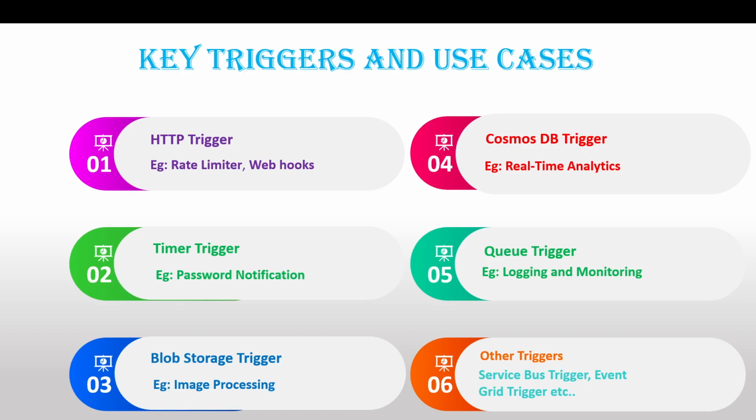In that case, what you can do is create an Azure function which will have that rate limiter functionality. So whenever the request reaches the API, it will make a function request and get the required data from the rate limiter, and then based on the data it will either process the request or send the relevant message to the user. In that case, you can use HTTP trigger.